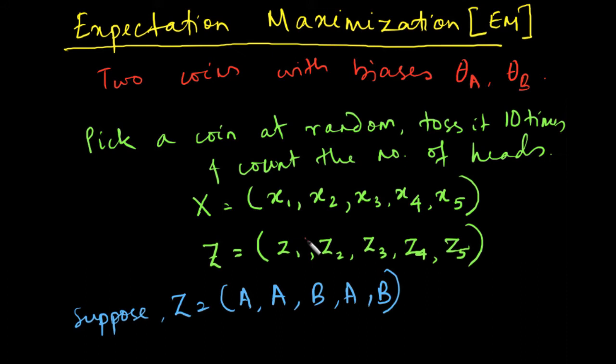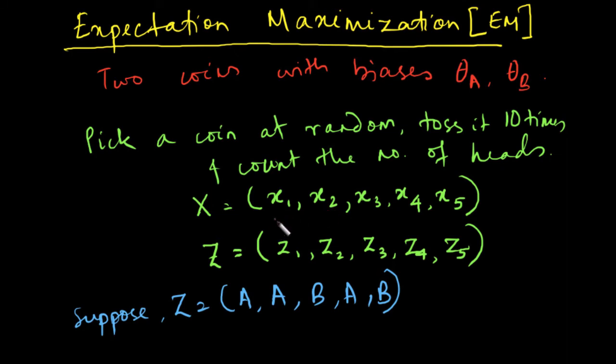Done. But in real life, in many problems, this information about Z is not available. So you know the values of capital X, but you do not know which of the coins was chosen for each of the coin toss.